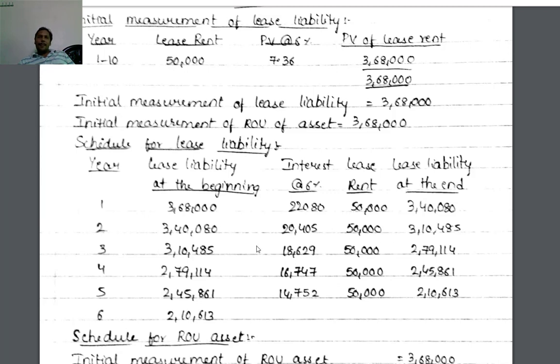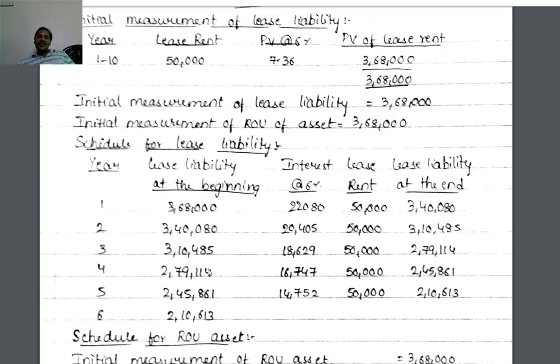Liability at the beginning of third year 3,10,485. Interest at 6%, 18,629. Lease rent payment 50,000. Liability at the end 2,79,114, that is 3,10,485 plus 18,629 minus 50,000.